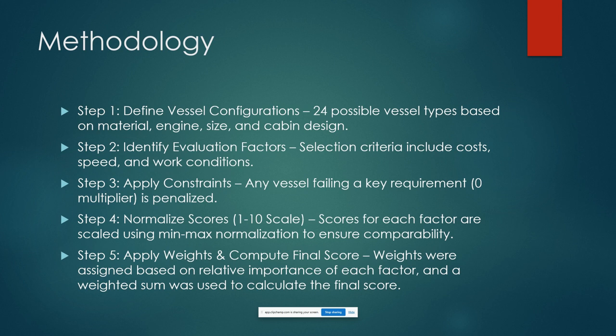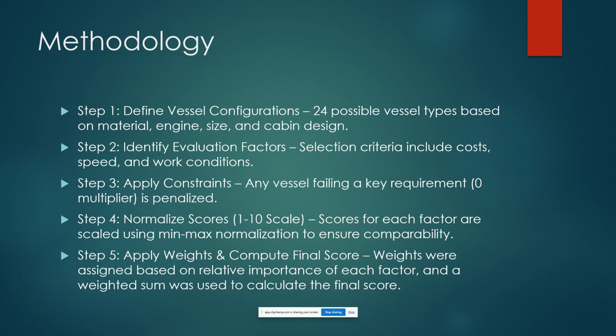After that, we applied our constraints. So any vessel that failed a key requirement was penalized using a zero multiplier in its final score. After that, we normalized all of the scores. Each factor was scaled using a 1 to 10 normalization method that ensured consistent comparison across the different units.